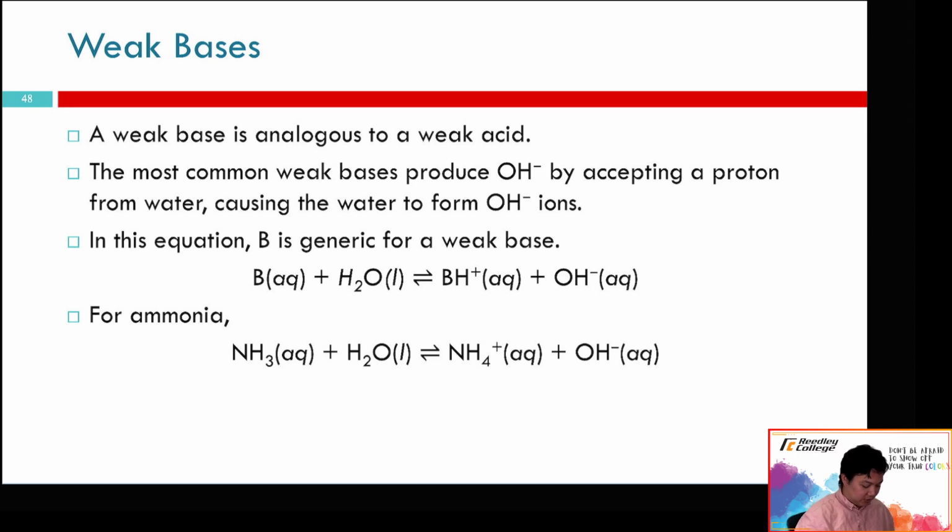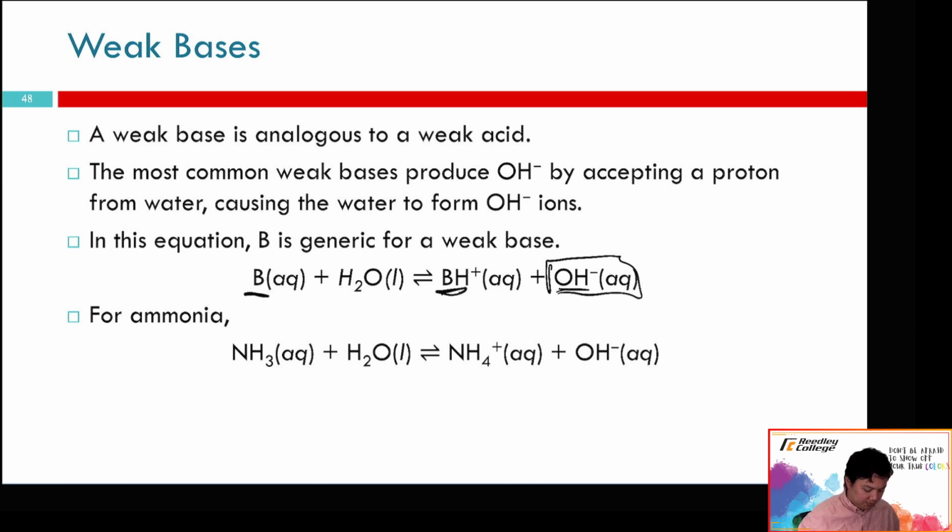So if we have B, our generic base, not boron, generic base, plus water, then we're going to get B plus our hydrogen, and then we're going to get OH minus formed as a result. So they're not directly putting hydroxides into solution, but they are indirectly causing water to form hydroxides.